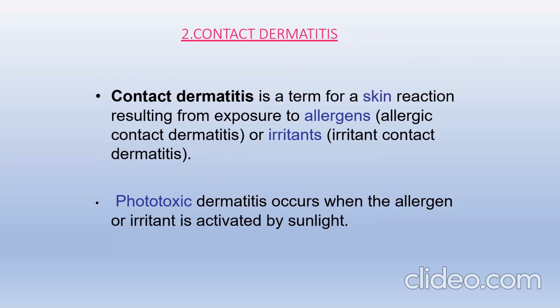Contact dermatitis is a term for a skin reaction resulting from exposure to allergens, that is allergic contact dermatitis, or irritants, that is irritant contact dermatitis. Phototoxic dermatitis occurs when an allergen or irritant is activated by sunlight.